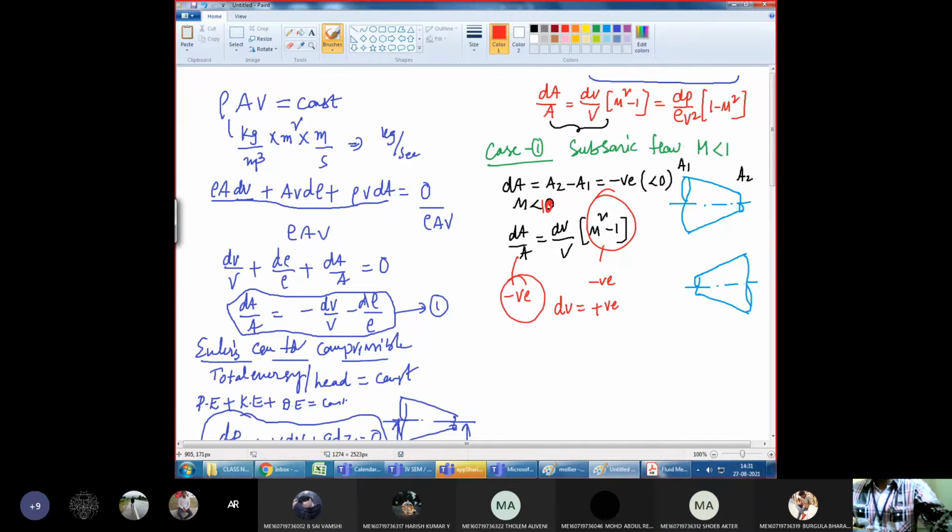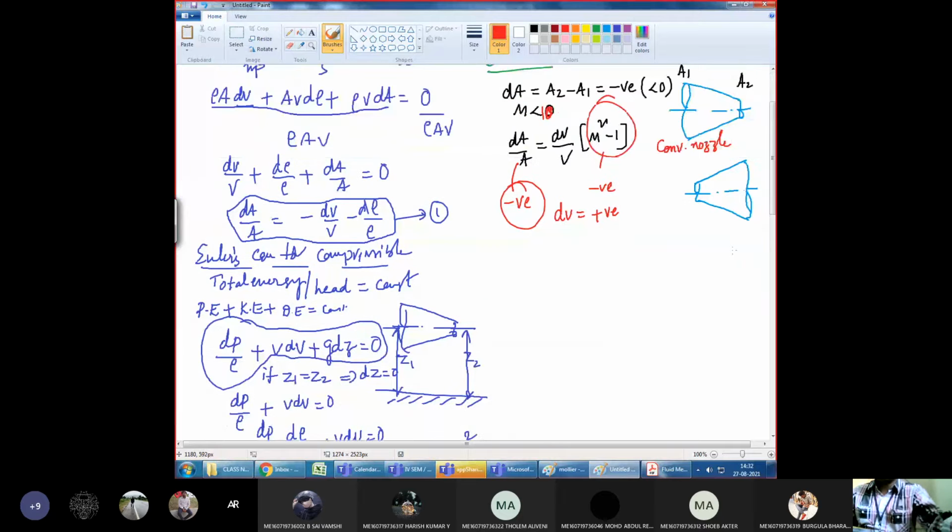Positive means for subsonic flow, this is acting as a convergent nozzle. Got the point? For subsonic flow, this cross section is called a convergent nozzle.